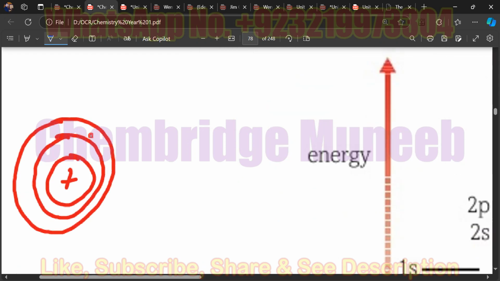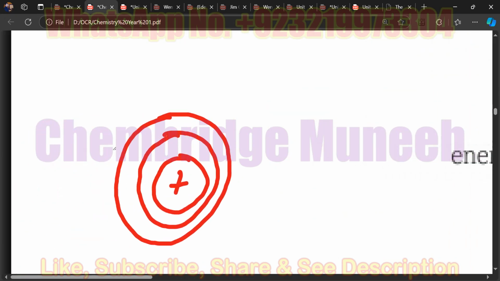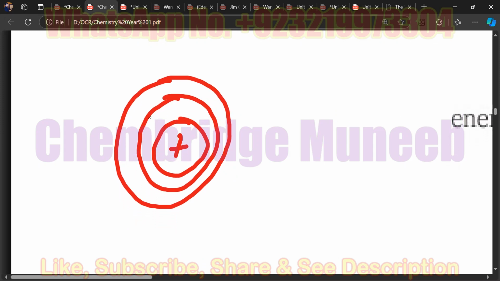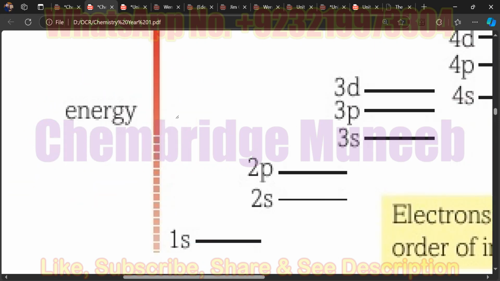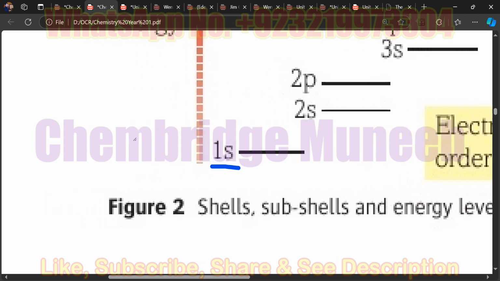Why did we call them energy levels? Because each electron has a different energy. Yes, exactly. Since we refer to the different energies, in the same way the shells and subshells have their own different energy values.